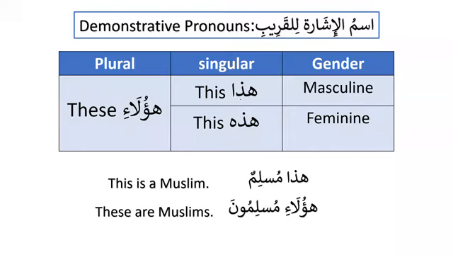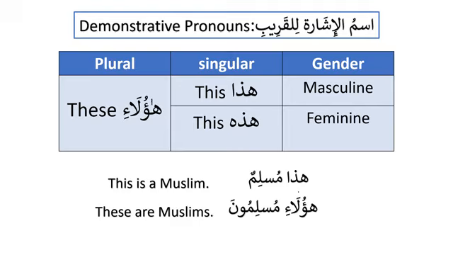So we have completed hadha, and we know that it is used for singular masculine, hadhihi is used for singular feminine, and ha'ula'i is used for both masculine and feminine. And we know that there is a long fatha over here or standing fatha over here, but generally it is not written. So it will be recited as or read as ha'ula'i, and it means these.